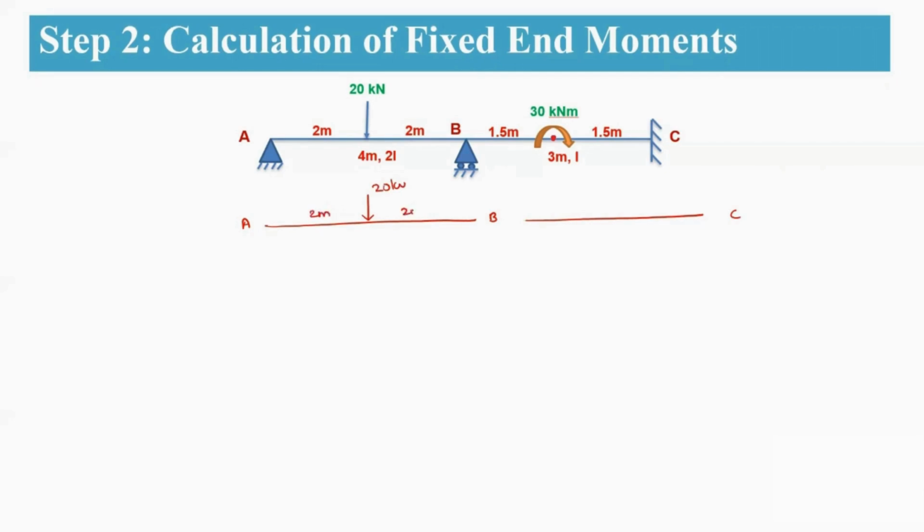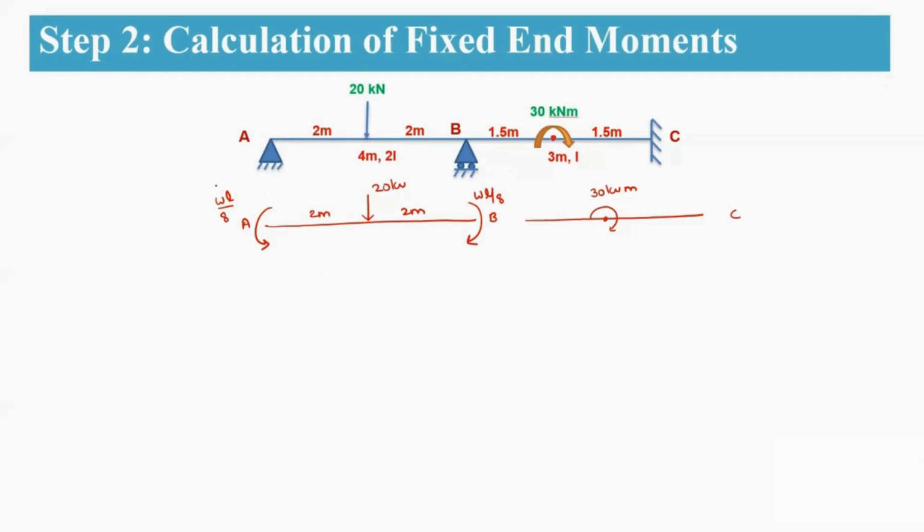Okay. So for this, as external load is acting, what are the moments that are going to develop? So this is a 30 kilonewton meter. So for AB span, due to this point load, here you are having a hogging moment. So these hogging moments are WL by 8 and WL by 8, as it is a symmetric loading.